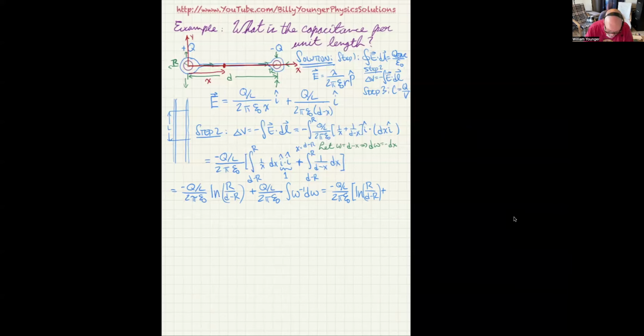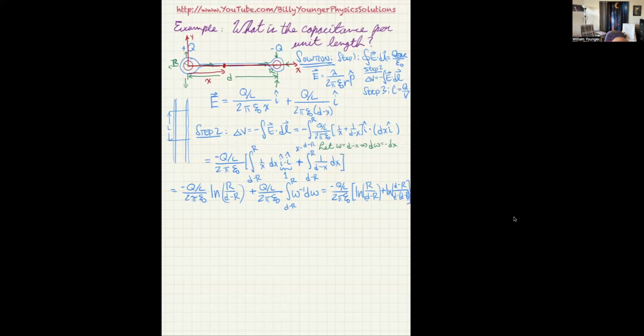And then I've got to evaluate that at, again, d minus r and r. So when I do d minus x evaluated at r, it becomes d minus r. And when I do d minus x evaluated at d minus r, it becomes d minus parentheses d minus r. So this one's going to give me the natural log of, as I said, the first one was just d minus r, but the bottom one's going to be d minus d minus r.